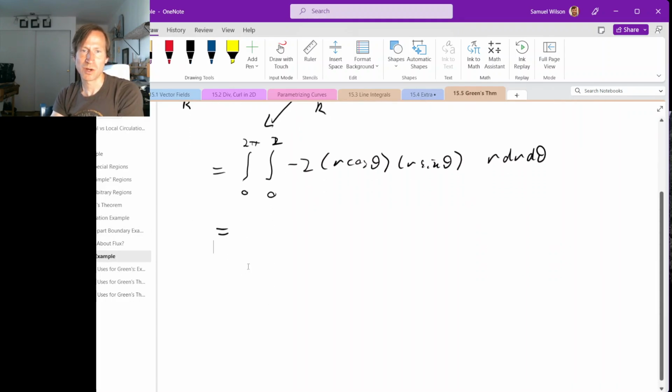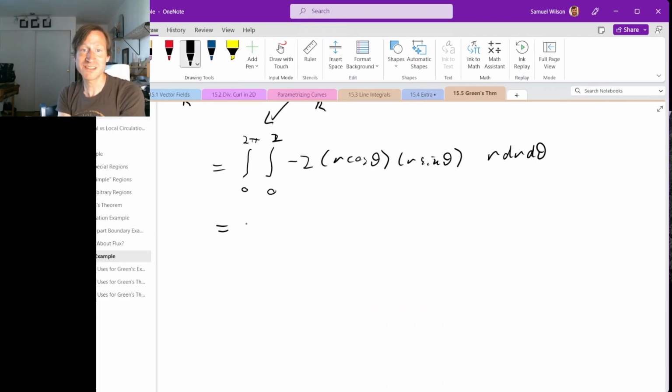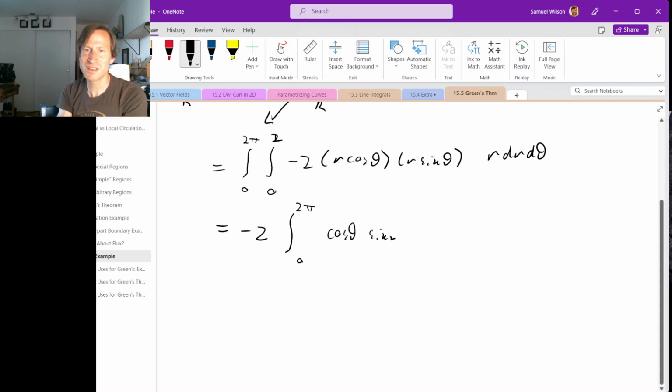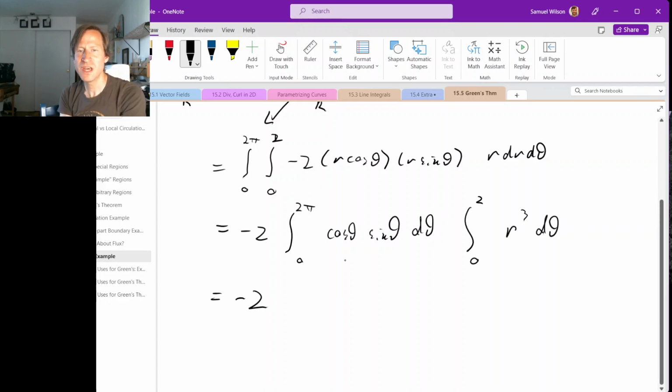So I'll work it out. Fortunately, we can separate these integrals. The constant we can move all the way to the front, minus 2. The theta integral is the integral from 0 to 2 pi of cosine theta times sine theta d theta, and then times the r integral from 0 to 2, looks like we have r cubed here, dr. So minus 2 times this integral.